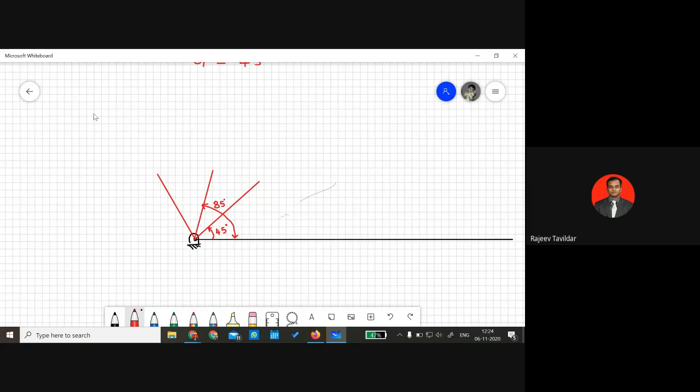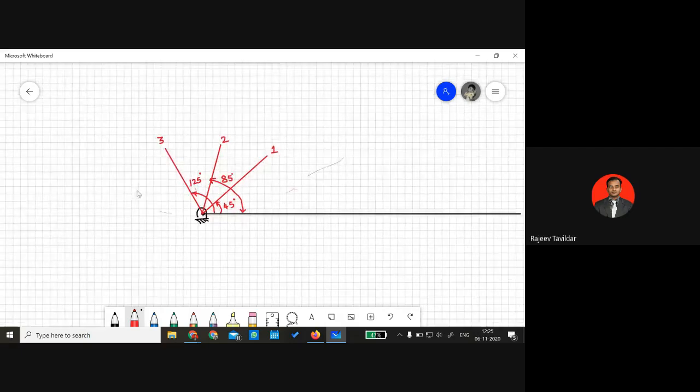Similarly, I'll draw it from the inner side. The last position, this angle should be how much? It should be 80 plus 45, that is 125, right? So I'll just write down whatever I've drawn over here.